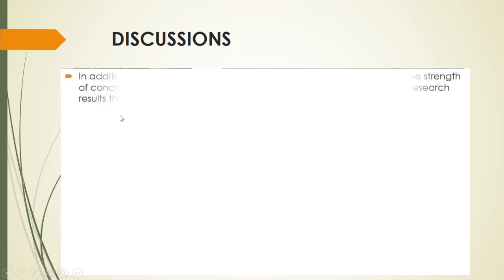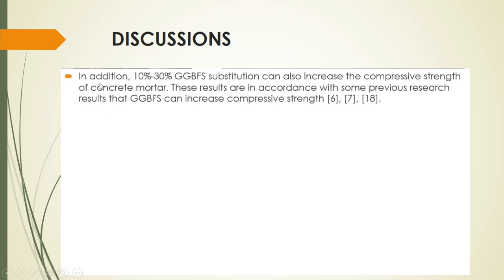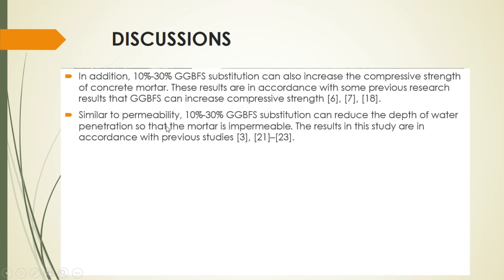In this discussion, in addition, 10% to 30% GGBFS substitution can also increase the compressive strength of concrete mortar. These results are in accordance with some previous results that GGBFS can increase compressive strength. This is in the paper.